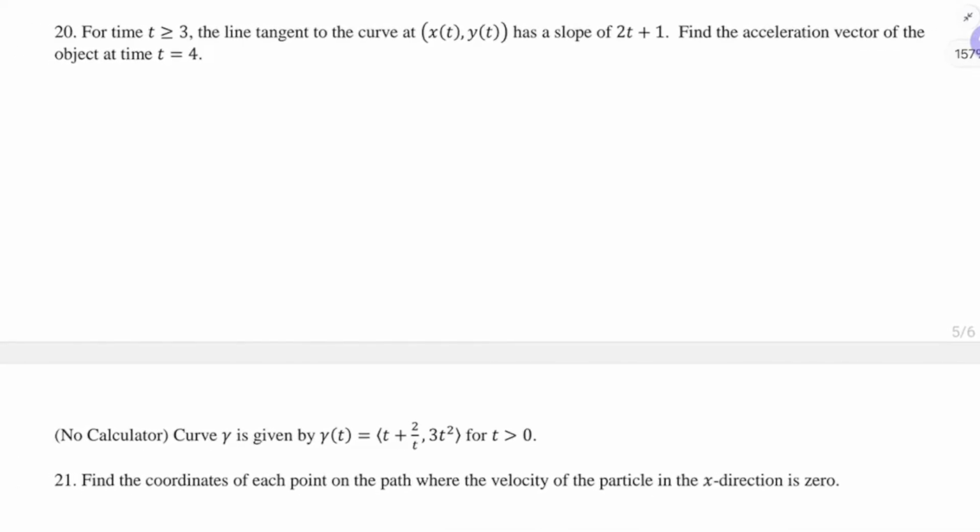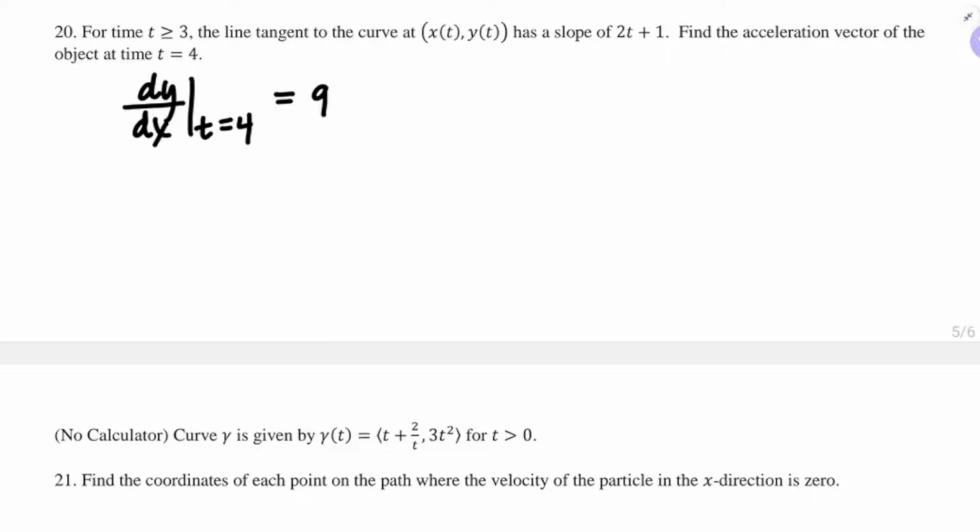Okay, so what they're telling us is dy dx at t equals 4 is going to equal 2 times 4 plus 1, which is 9. We can say that x prime of 4... wait a second.